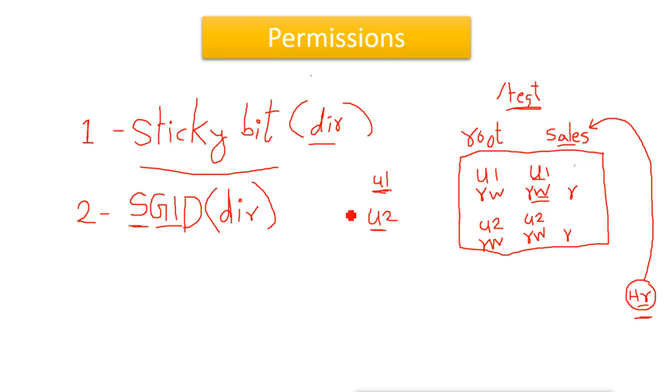Now that is what we can do. We can solve the problem by using the SGID. This is very simple. SGID means setting the group ID, and this is also for directories. Now for example, if I want to set the GID on this directory, then what happens? It will set the group owner's ID. Remember, it will set the group owner's ID on that directory.